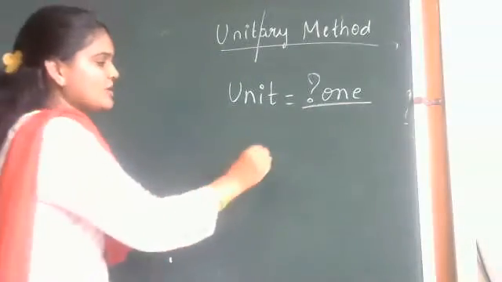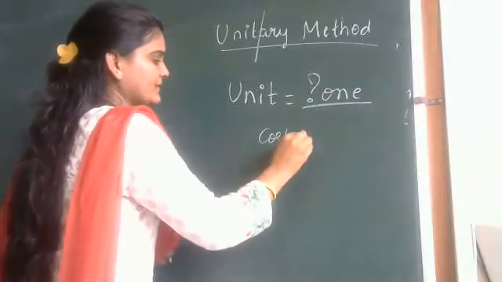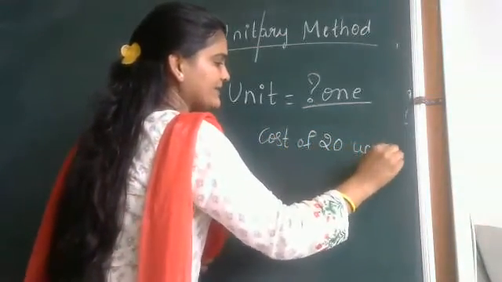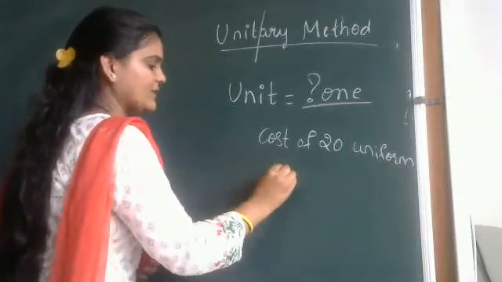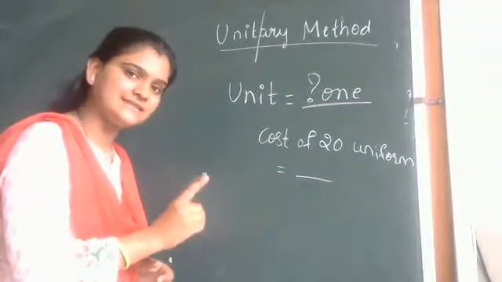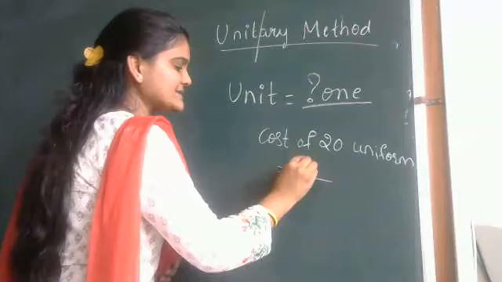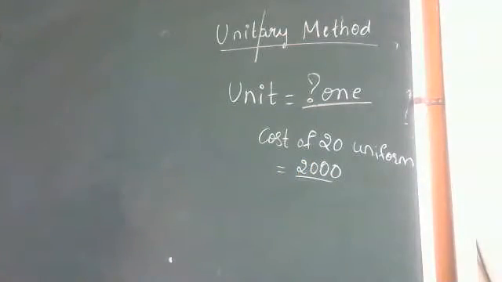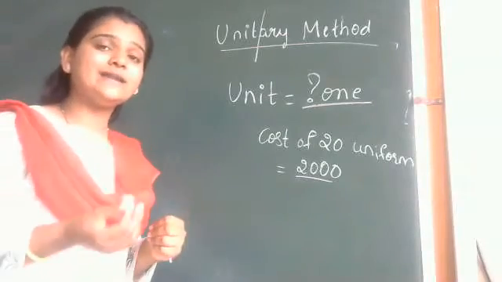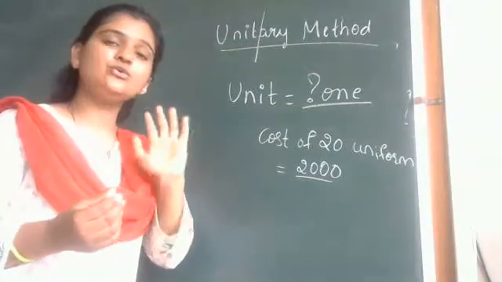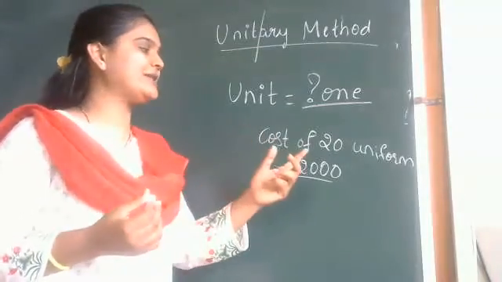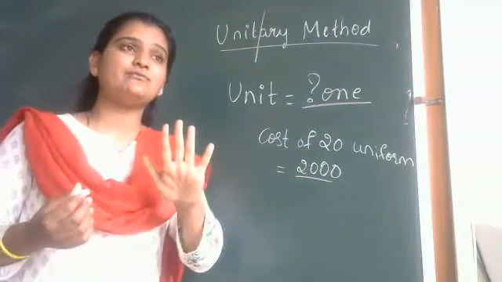Initially, they will give you the cost of 20 uniforms. Whatever the amount is, say it is 2000, they will tell you to find out the cost for 5 uniforms.